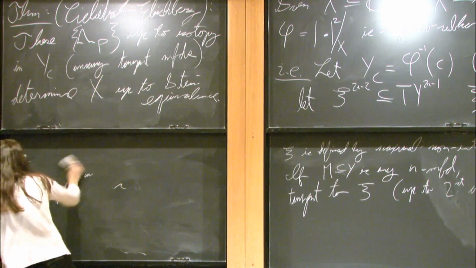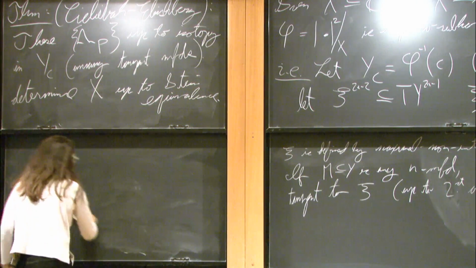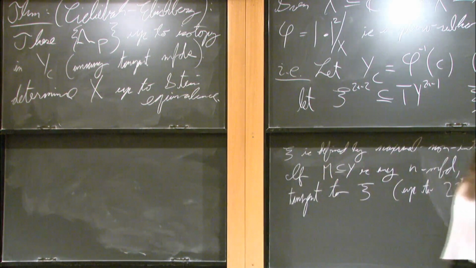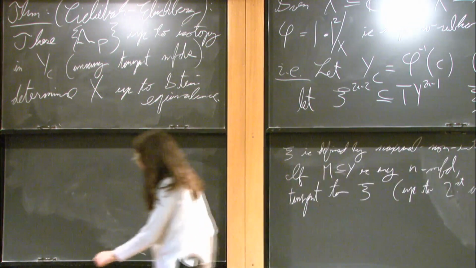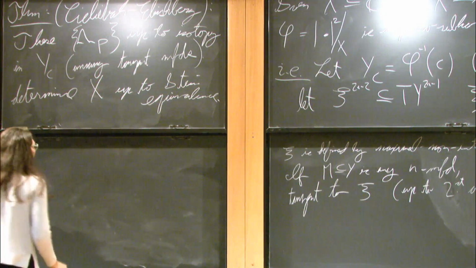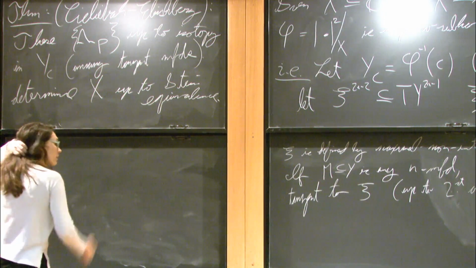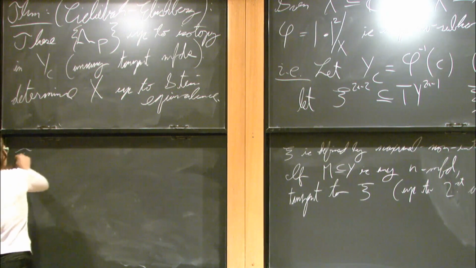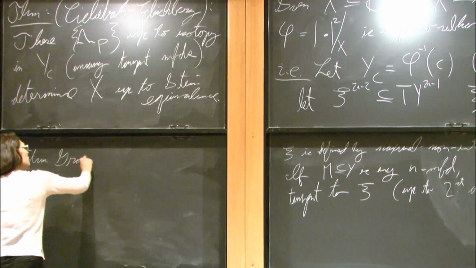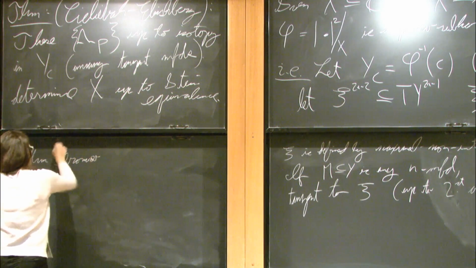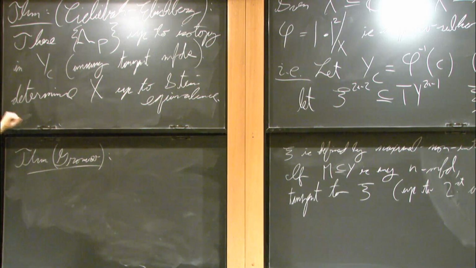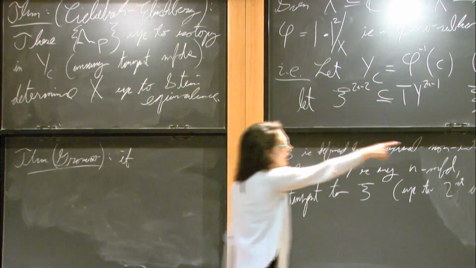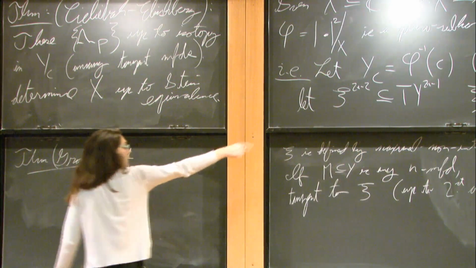And that's where we can begin, I guess. So now there's another important ingredient, which is a theorem due to Gromov, which says that, so here we said that k is less than or equal to n.